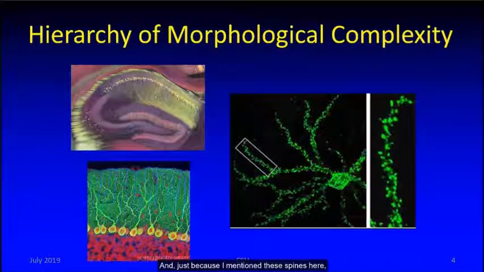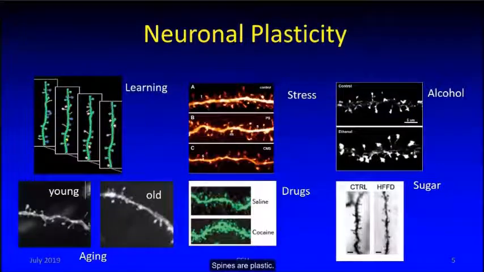And just because I mentioned these spines, the next slide has not much to do with the talk, except I like it. The spines are plastic, and in neuroplasticity, what you see is literally a footprint of your lifestyle.